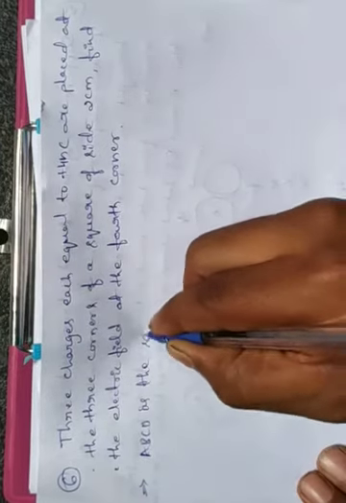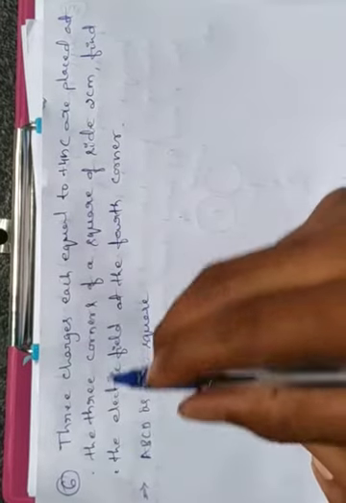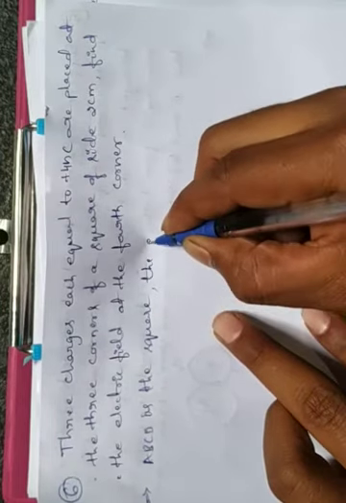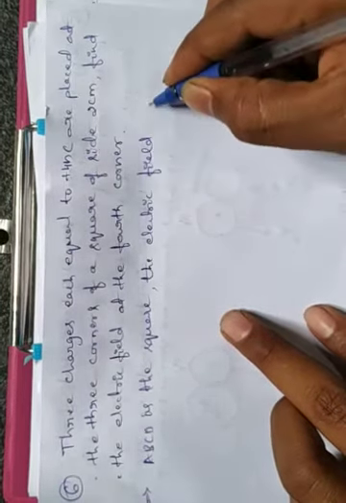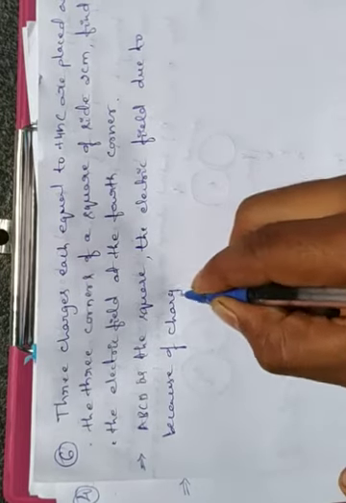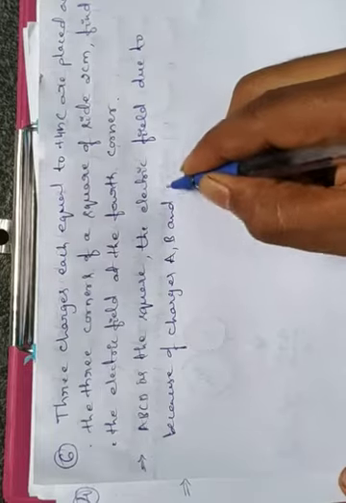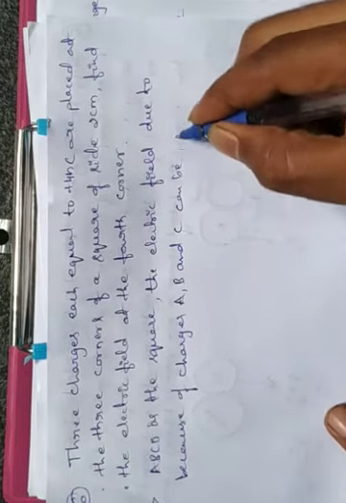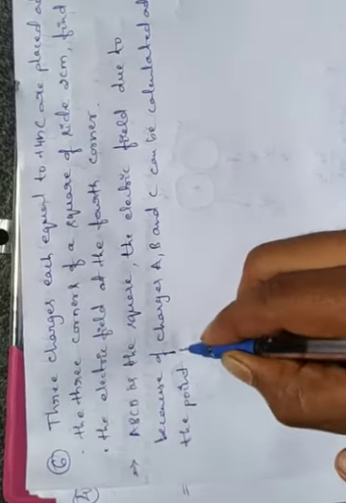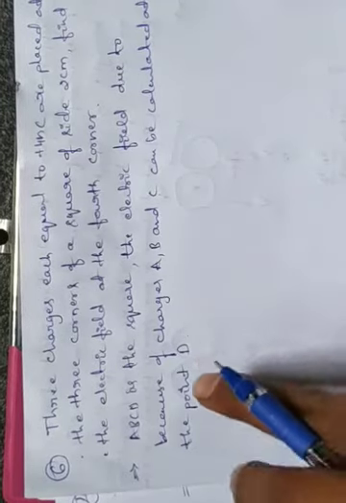is the square. ABCD is the square. So we have placed the charges at A, B and C, and we have to find out the electric field at the point D. Now the electric field due to the charges A, B and C can be calculated at the point D, because three charges were placed at the three corners, so the other corner D is left.